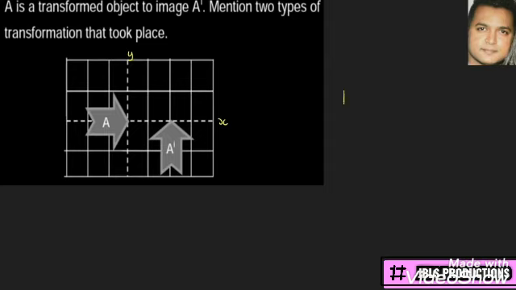So we have a rotation of 90 degrees, that will be the first one, and the second one would be a translation of 2 units to the right.